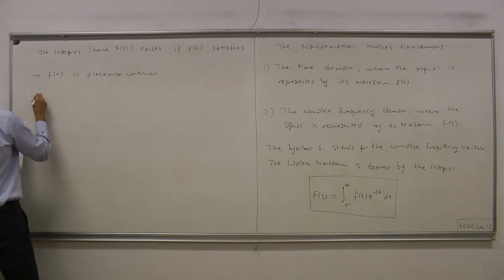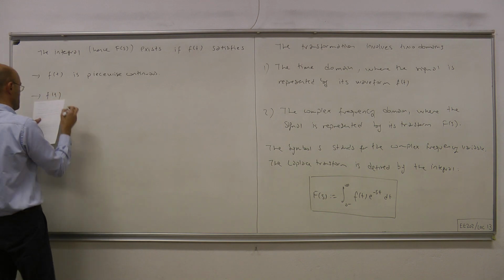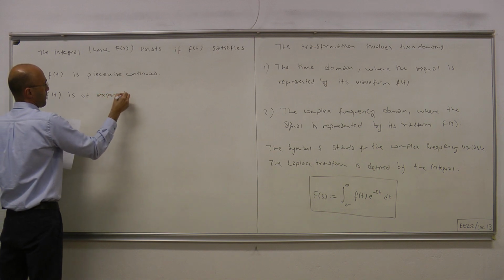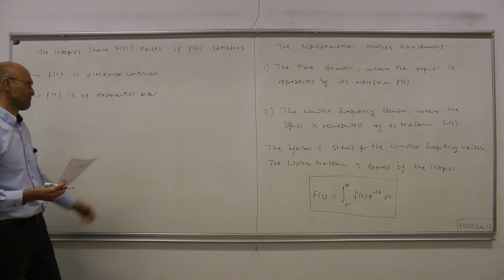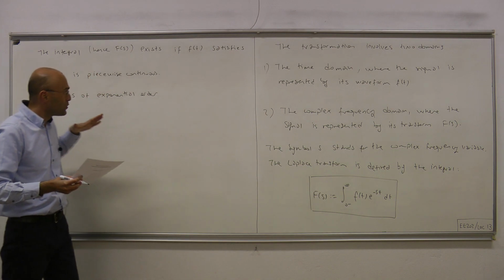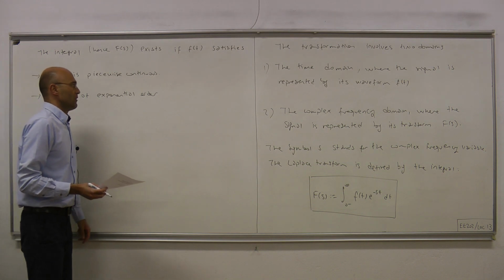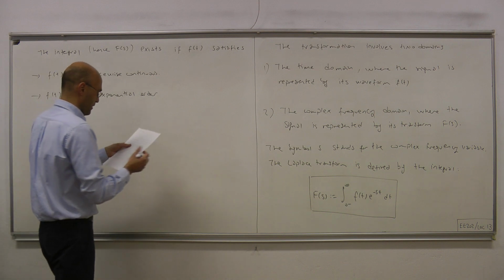And f of t is of exponential order, by which we mean it should be able to be suppressed by some decaying exponential function.